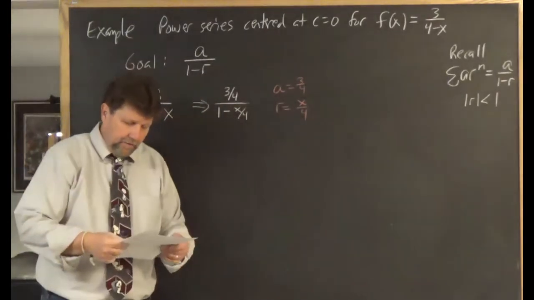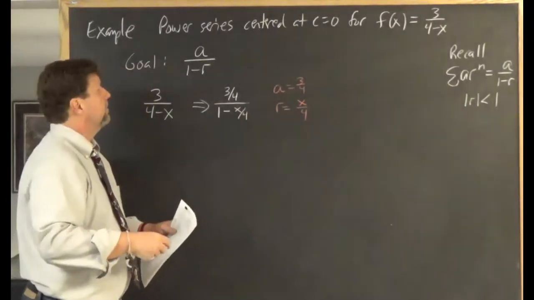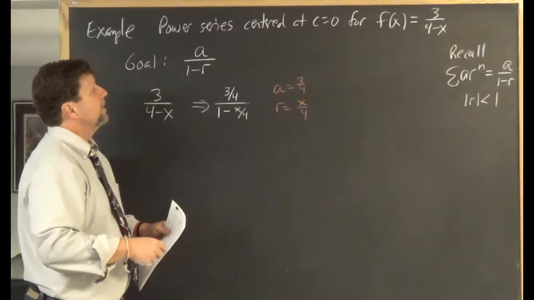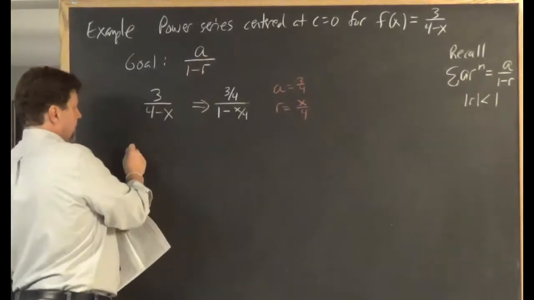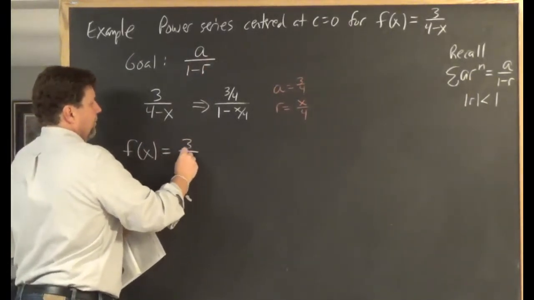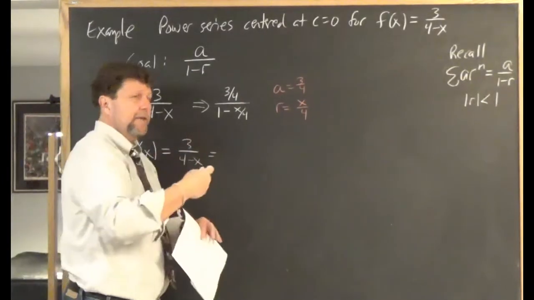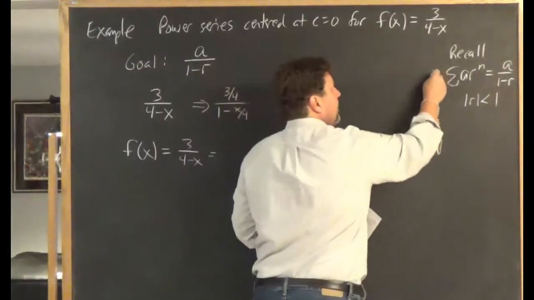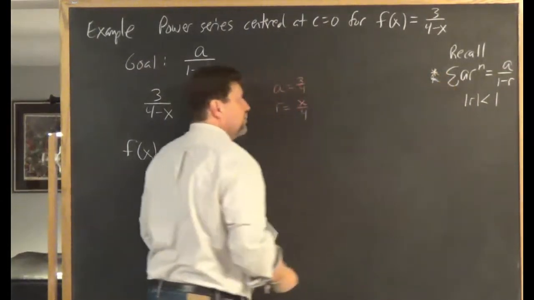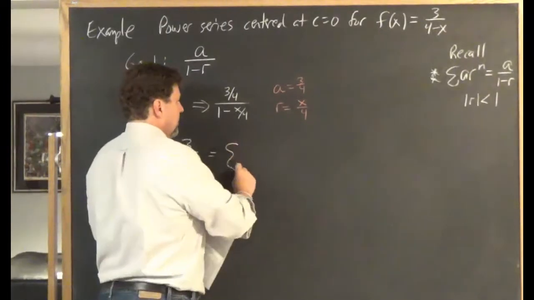So if you have a is 3/4 and r is x over 4, your function, 3 over 4 minus x, putting it into the geometric series, that's what we remember about geometric series.